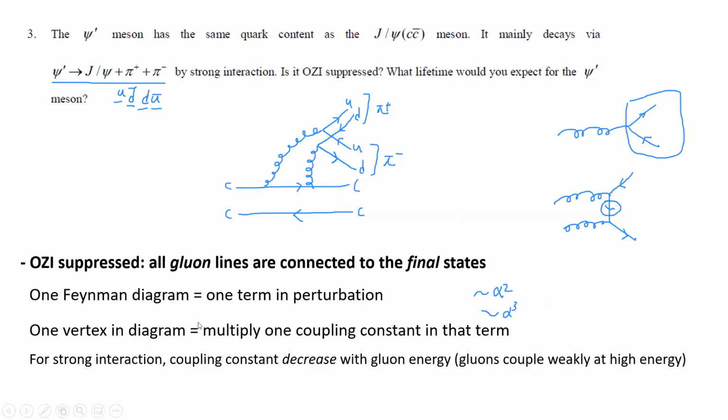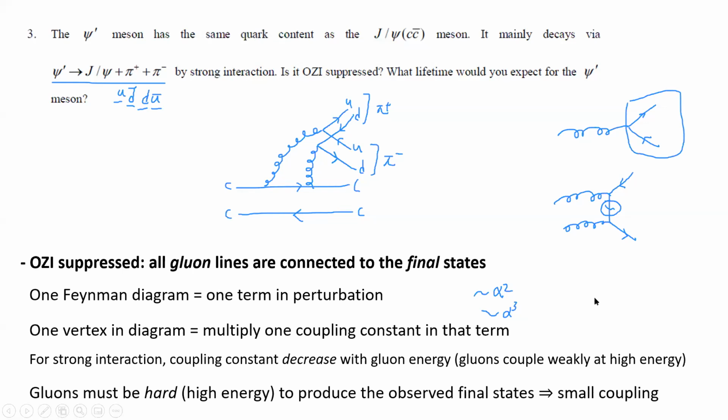And one special thing about strong interaction is that the coupling constant, that's the alpha, will decrease with gluon energy. That means when the gluon energy is high, the coupling decreases, which is different from EM interaction. So we say gluons couple weakly at high energy. And if the gluons are all connected to the final state, then the gluons will have a high energy.